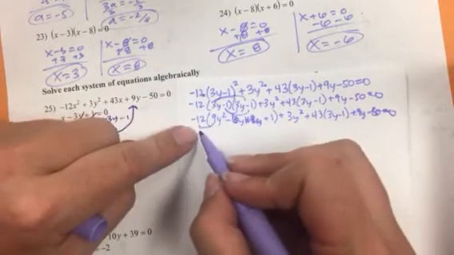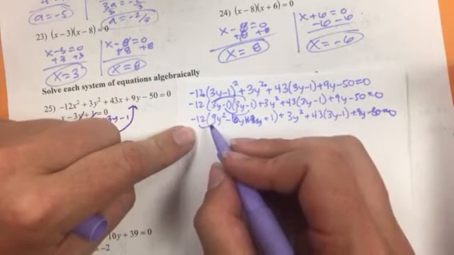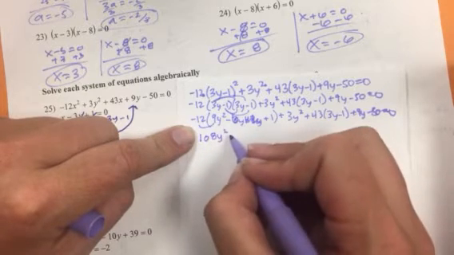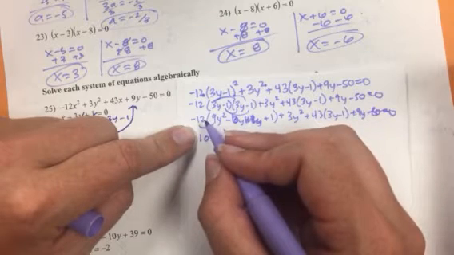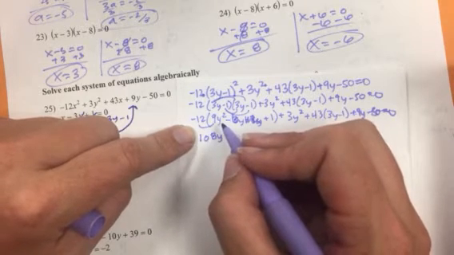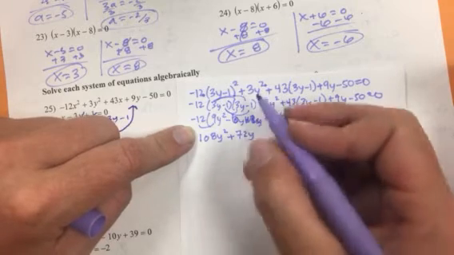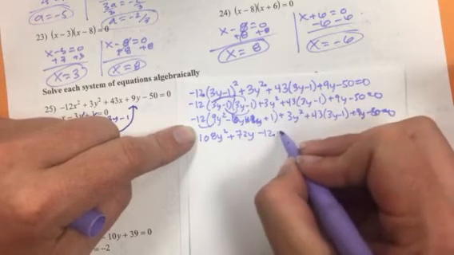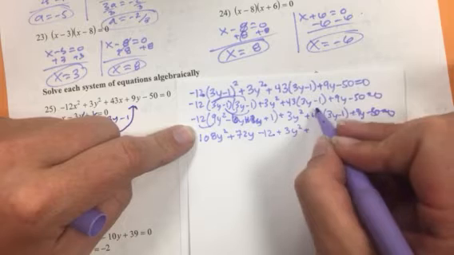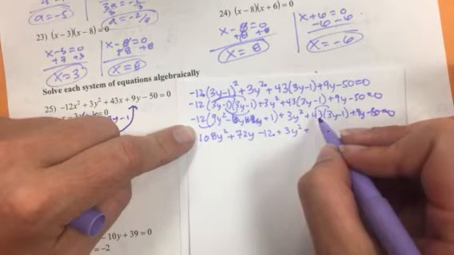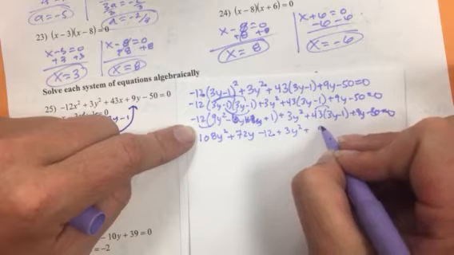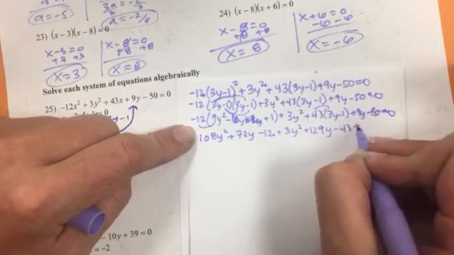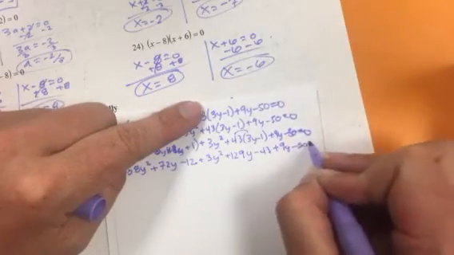Distribute it in. Negative 12 times 9 is 108y squared plus 12 times 6 is 72y minus 12, and then plus 3y squared plus, distribute it in, 43 times 3 is 129y minus 43 plus 9y minus 50 equals 0.